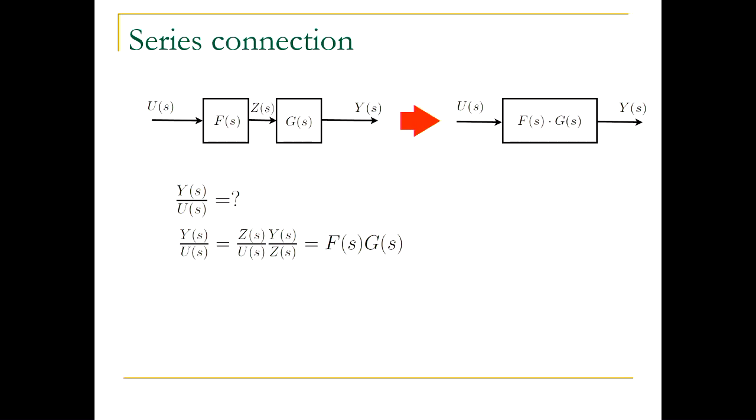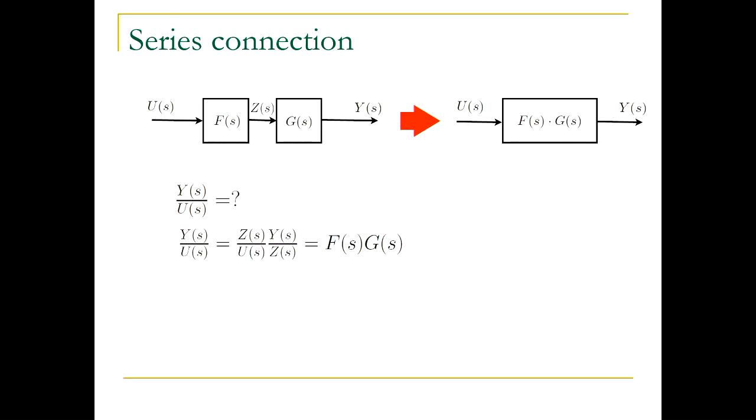So we just proved what I just said, right? Because f is really z over u, and g is y over z. So basically, the transfer function of the series connection is the product of the transfer functions of the two subsystems. Very simple algebra, right? But very, very useful.